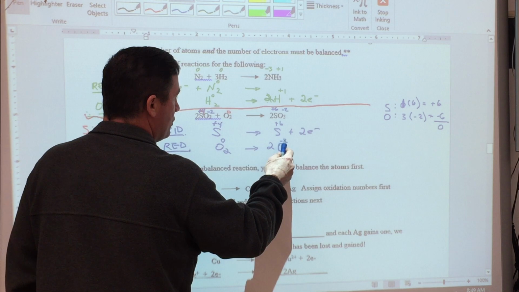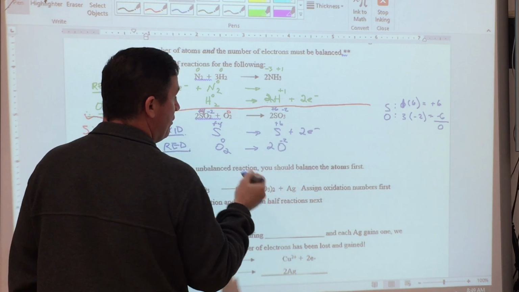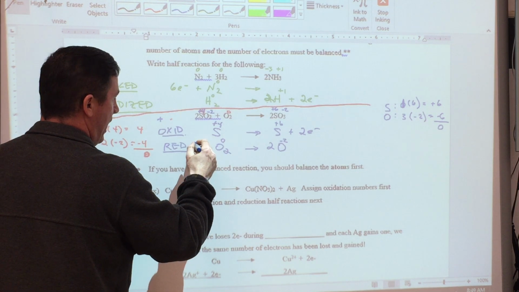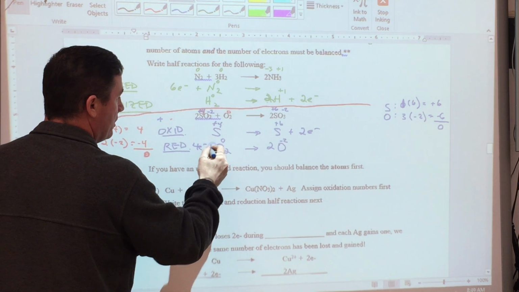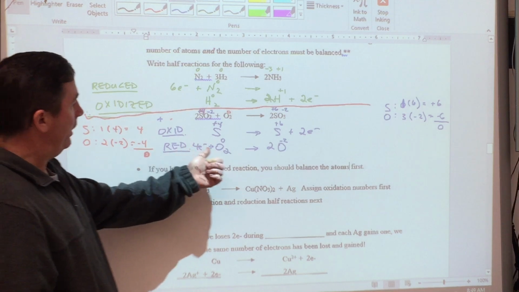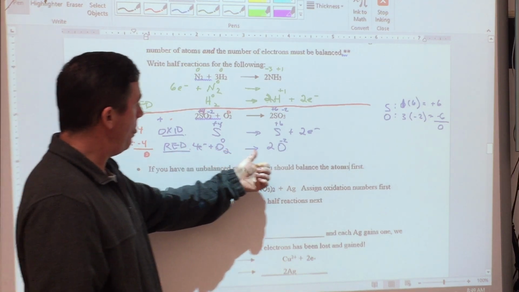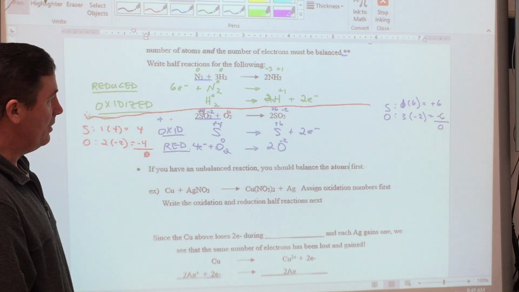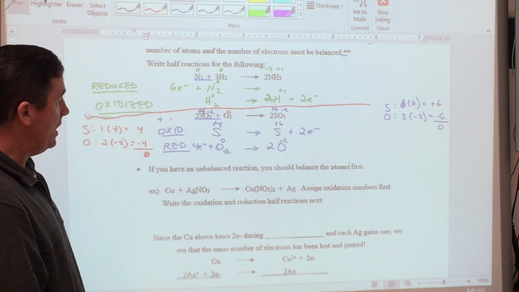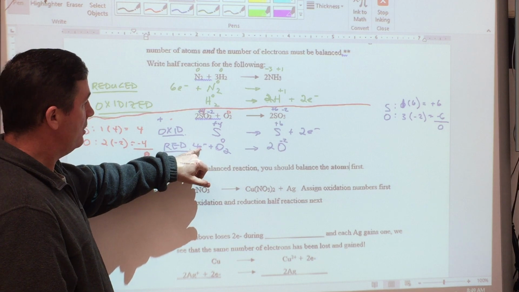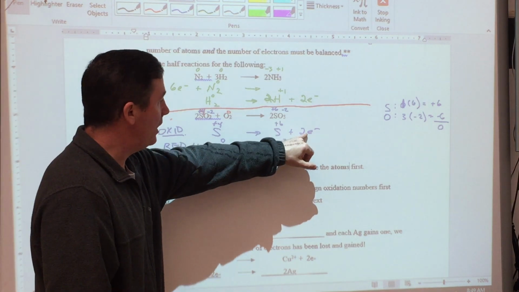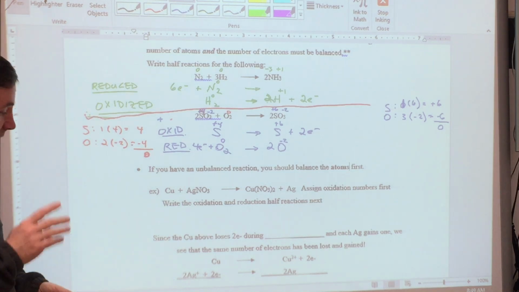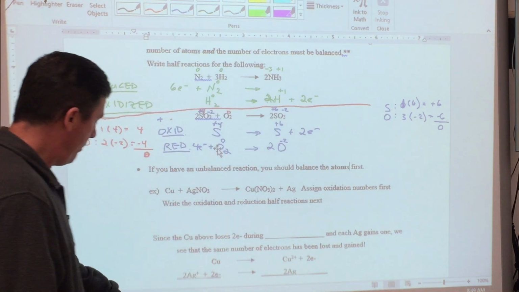And what do I have here? Negative 2 times 2 is a negative 4. This is 0. So I need to add 4 electrons to this side. So now I have a negative 4 charge here, negative 4 here. Now I'm balanced. Okay? Now you can see that I've got negative 4 electrons here and 2 electrons here. So we're not quite there as far as the full thing. But that's it. All right?